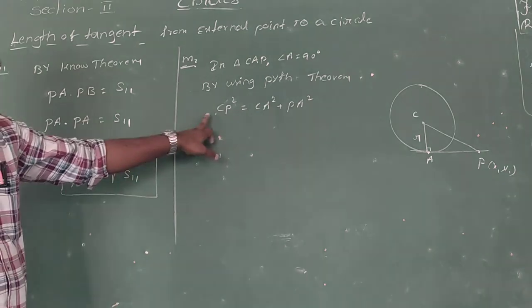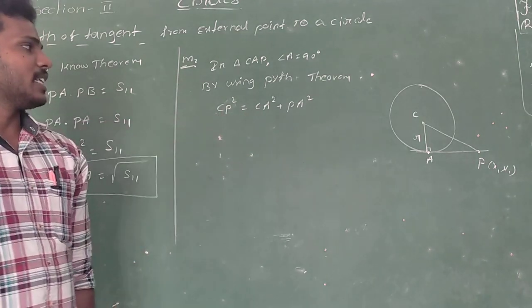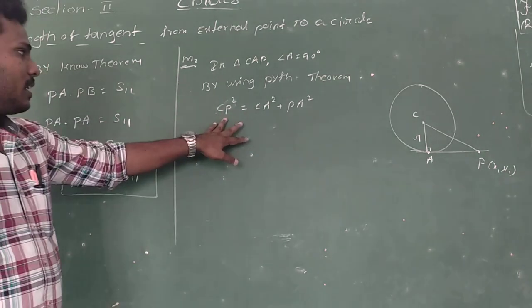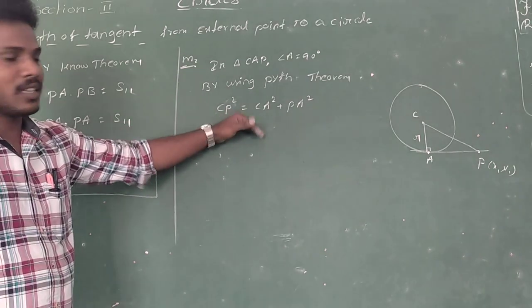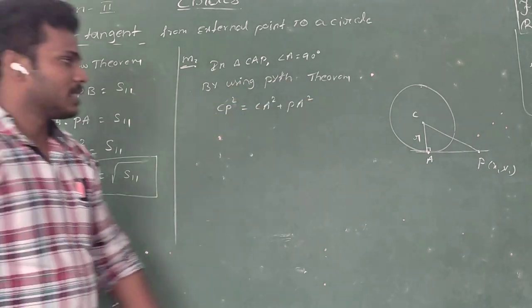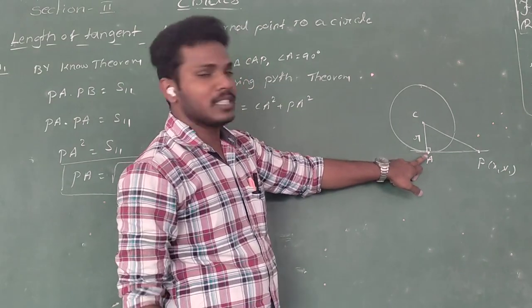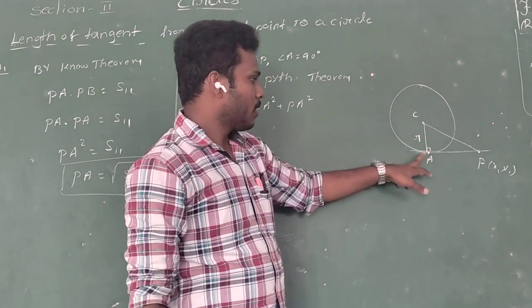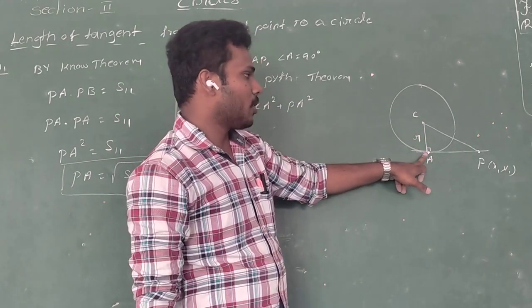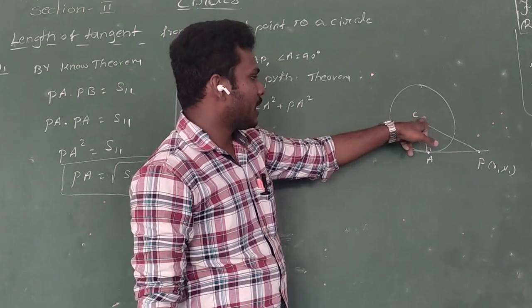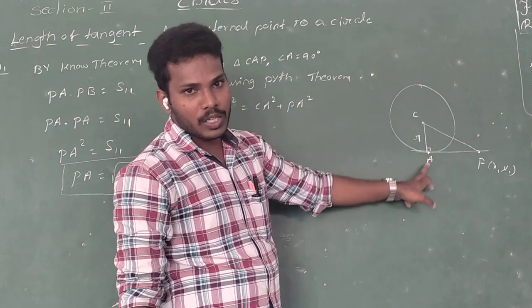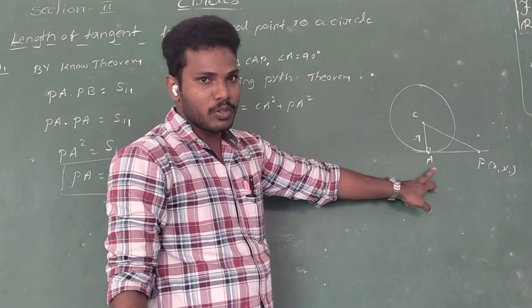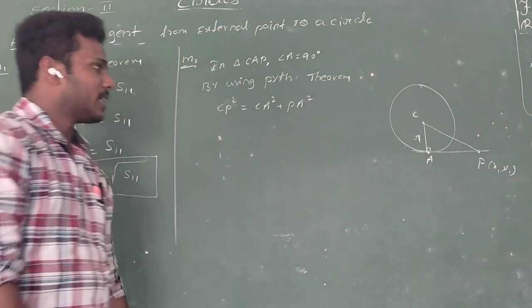We use Pythagoras from the right angle triangle because the line drawn from the center to the point of contact makes 90 degrees, as we know from the basics. That's why it's a right angle triangle.